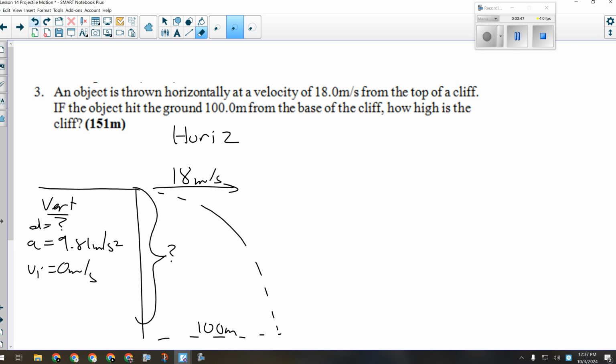If I'm looking for how high the cliff is, I really need one more piece of information, and that would be time. Now I can get it with the horizontal information because I know both the velocity and the displacement. So I'm just going to go v equals d over t and manipulate for t, going 100 over 18.